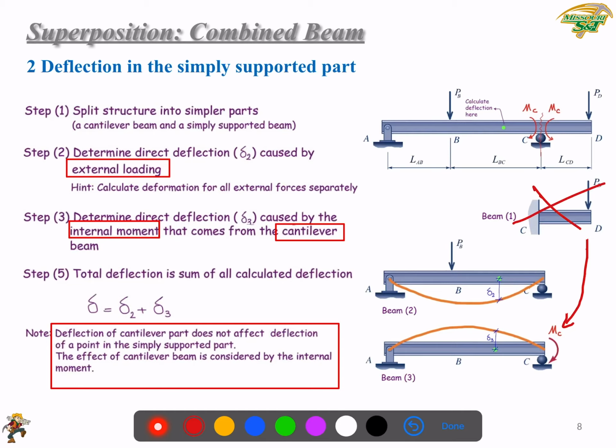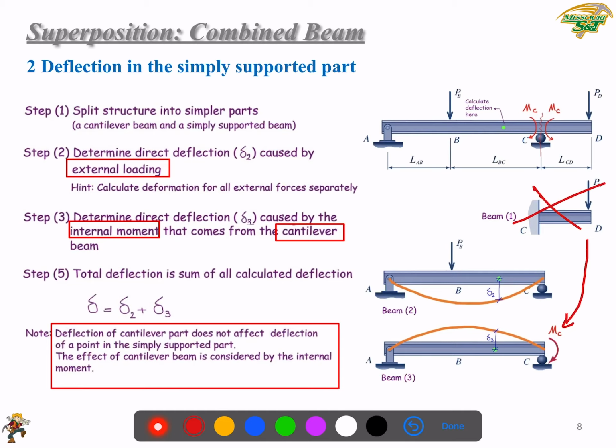Beam 2 is easy: one simply supported beam subjected to a concentrated load PB. Beam 3 is one simply supported beam subjected to a concentrated bending moment MC. You can directly find equations for them from the simply supported beam table. Let's get delta 2 and delta 3 at a random point, then add them together.